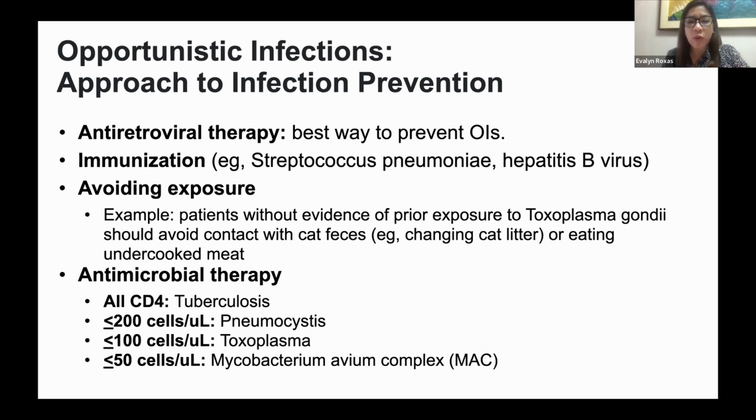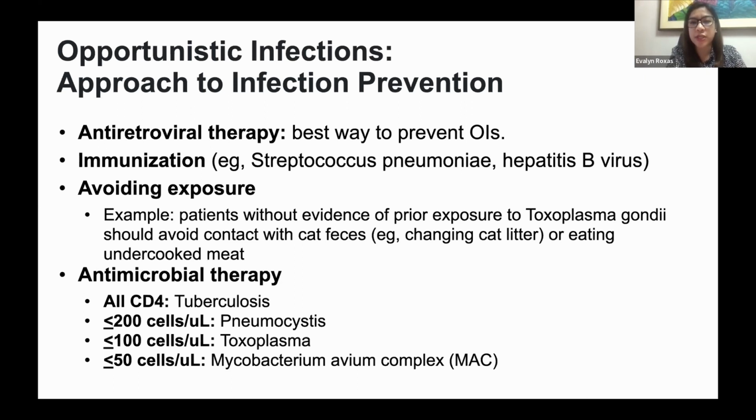Another approach to infection prevention is prophylaxis. Chemoprophylaxis means that the patient doesn't have the actual disease, but because of his or her status, like having a CD4 count of less than 200, we give chemoprophylactic drugs to prevent getting pneumocystis pneumonia.